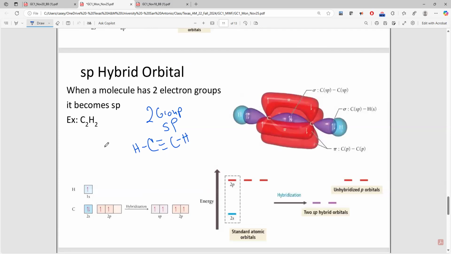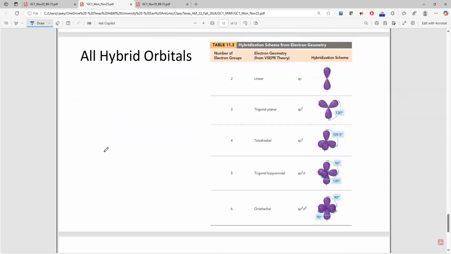I know I'm going through this kind of fast because this table, this is what you need to know. If you have 2 electron groups, you're sp. You have 3 electron groups, you're sp2. 4, sp3. 5, sp3d. 6, sp3d2. So it's a counting game, right? Starts at sp, and every time you go up, you add a number to p, so sp2, sp3.